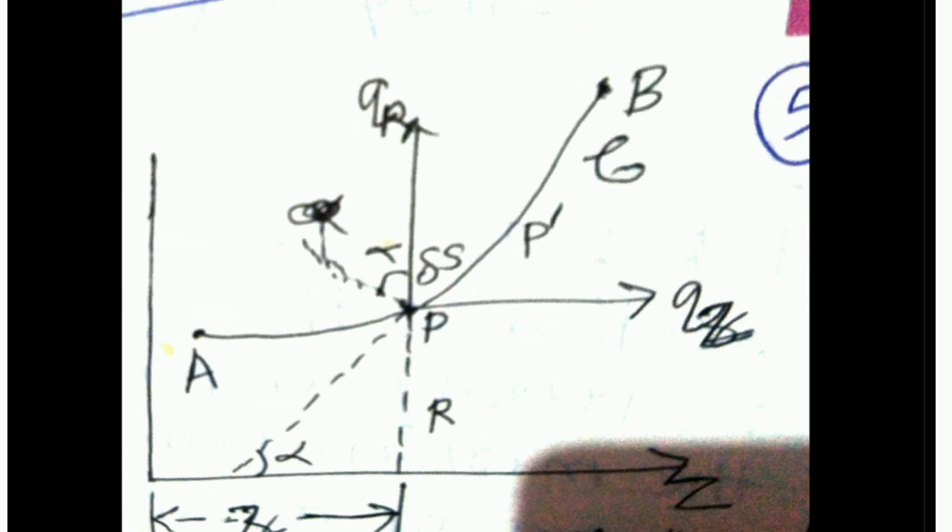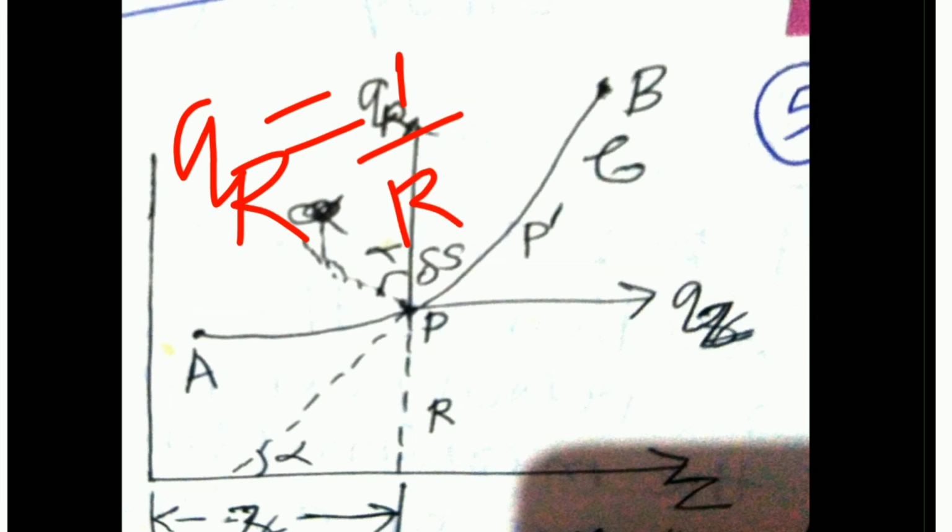Now taking q is equal to qr plus qz into k, if we can find the scalar function psi of r, z such that this qr is 1 upon r dou psi by dou z, and this qz is equal to minus 1 upon r dou psi by dou r.